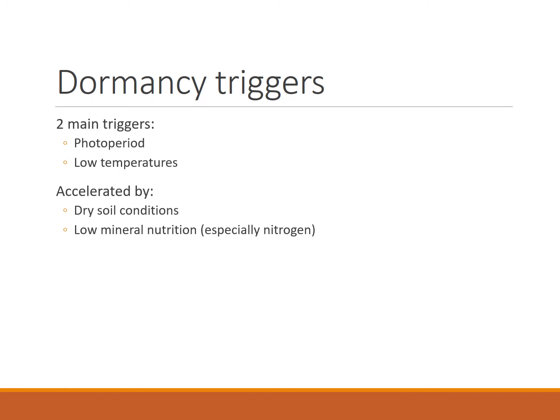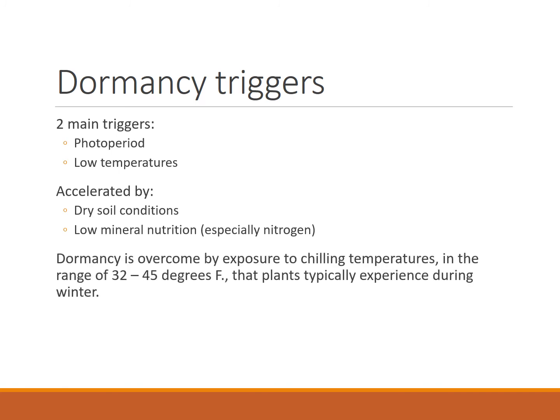Dormancy can be accelerated by certain conditions such as dry soil conditions or low levels of nitrogen in the soil. So in other words, plants will become dormant sooner if these conditions also exist in the environment. Dormancy in plants is overcome by exposure to chilling temperatures somewhere in the range of 32 to 45 degrees Fahrenheit that plants typically experience during the winter.